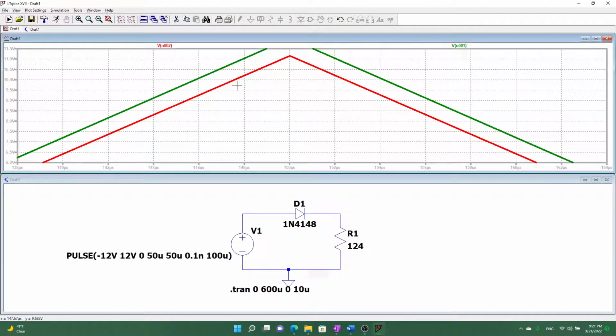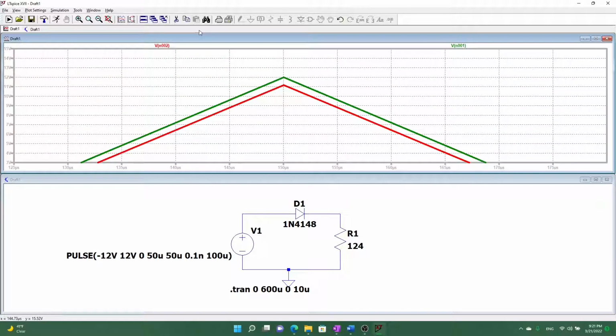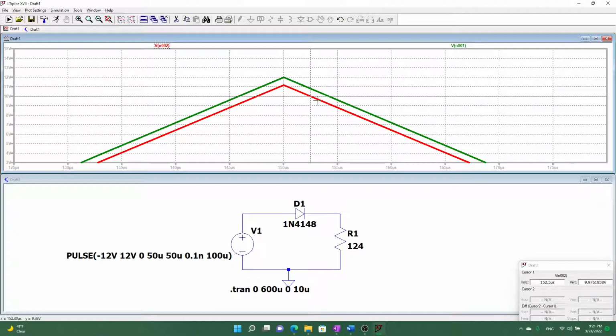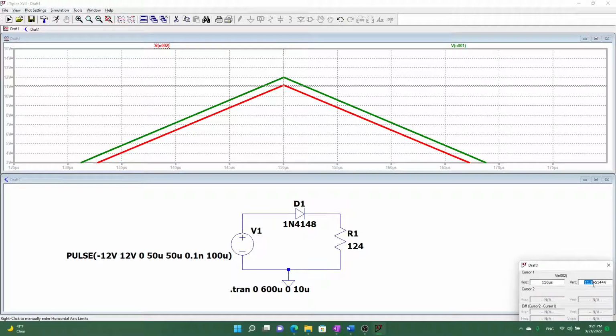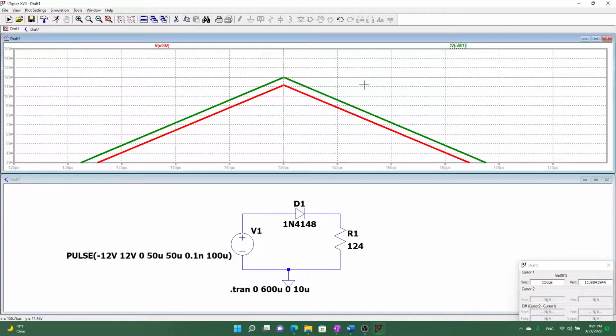So if we zoom in a little, there we go. I put a cursor on the output at exactly 150 micro. We have a voltage of 11.14 volts. And at the input, 11.98.